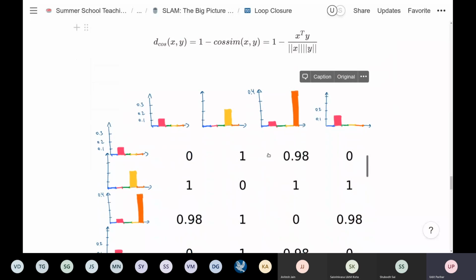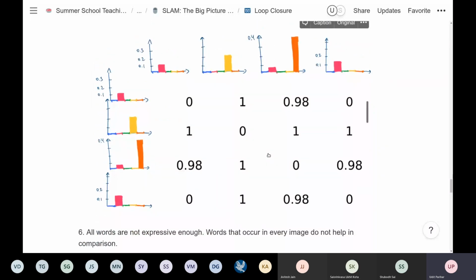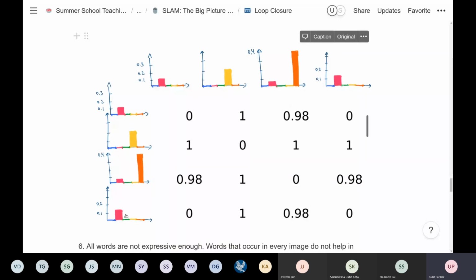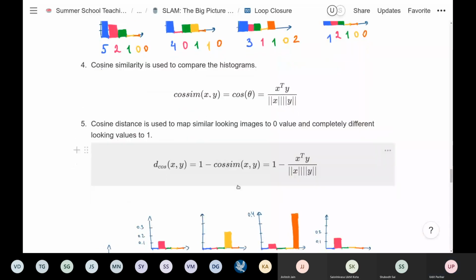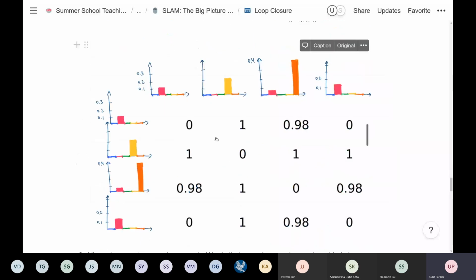So now there is an example. If you want to compare these two feature vectors, let's say you have this histogram and this histogram. This is basically a cost matrix. It will say, calculating using this cosine formula, which things are similar. If two images are similar, then remember we will get a 0 value. All images are similar to themselves, that's why along the diagonal we get 0, 0, 0.